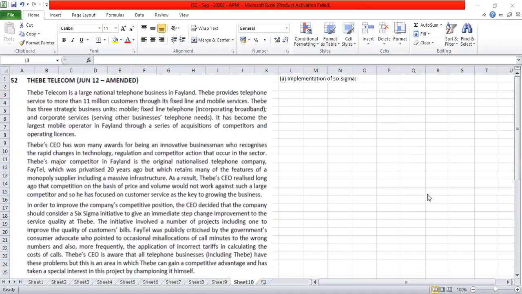There's something else also mentioned about Fatal. The CEO focused on customer service as the key to growing the business.